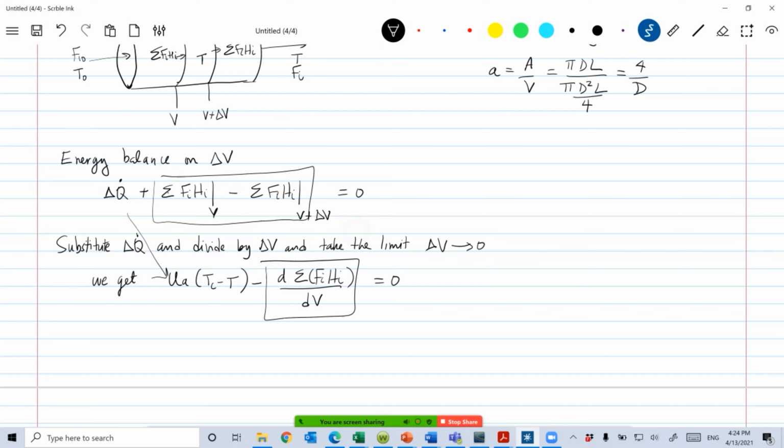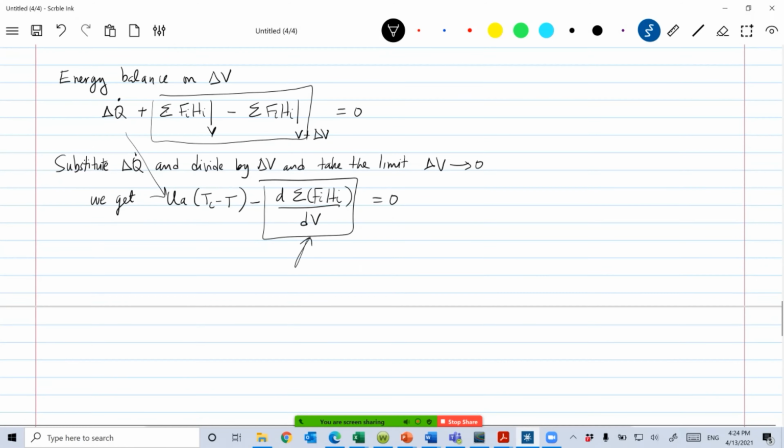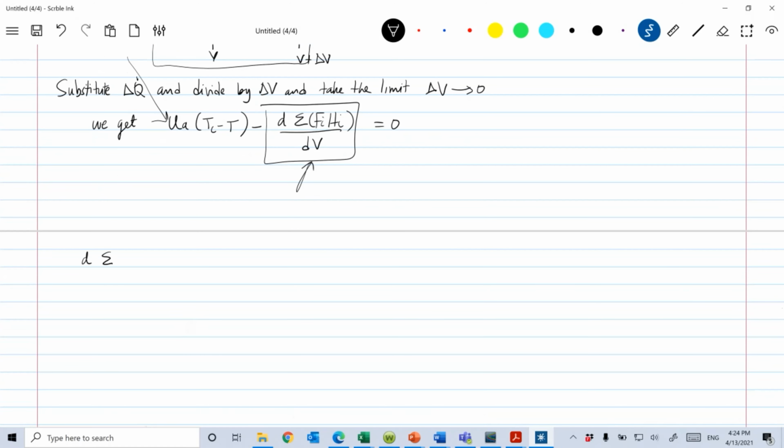So the one term we have to deal with is this term, but it's quite simple to actually expand on it.